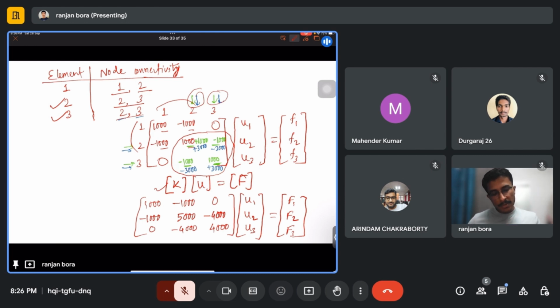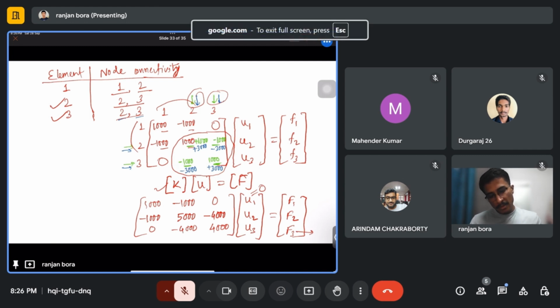Now next step is we apply the boundary conditions, and in the boundary conditions it is given U1 is 0 and the value of F3 is given. F3 is 100 Newton.